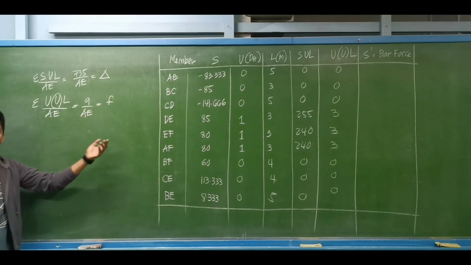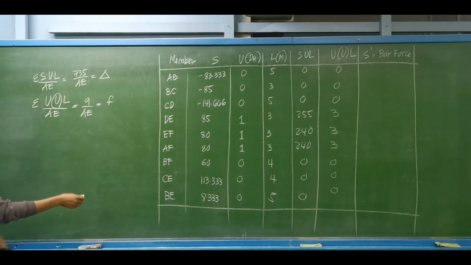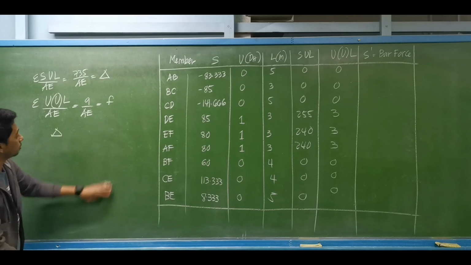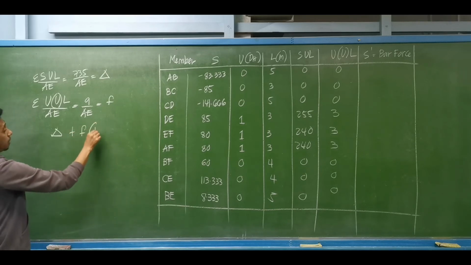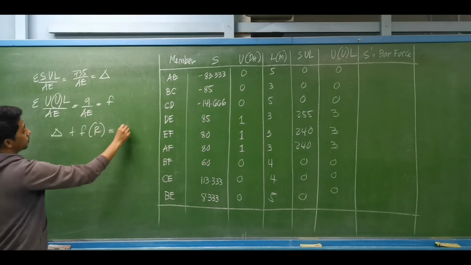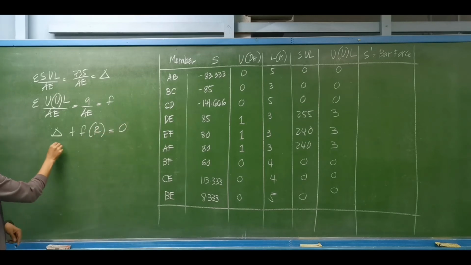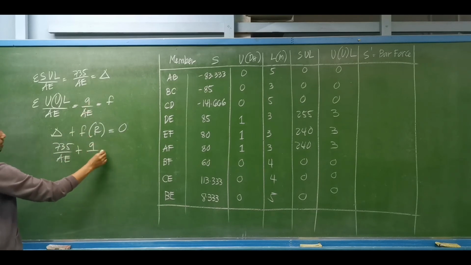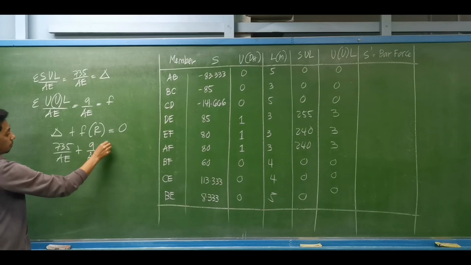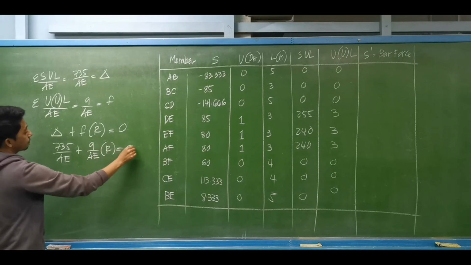So if we recall our compatibility equation at the start of this video, that is the deflection of the truss due to real load, plus the deflection of the truss due to the unit load multiplied by the redundant, is equal to 0. This is 735 divided by AE, plus 9 divided by AE multiplied by the redundant, equal to 0.